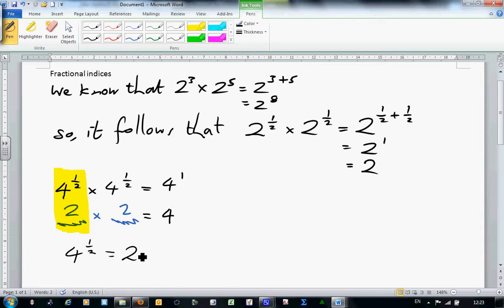Also, let me have a look at this one. What other way can you think of it? Good, well done. 4 to the power of a half is the square root of 4.